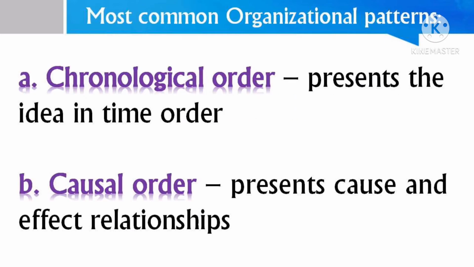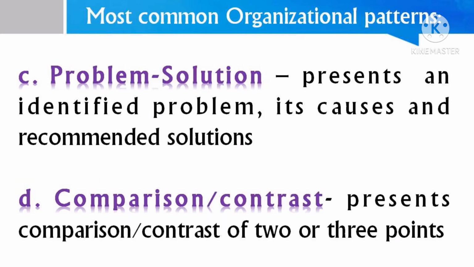A. Chronological order. This presents the idea in time order. B. Causal order. Presents cause and effect relationships. C. Problem solution. It presents an identified problem, its causes, and recommended solutions. D. Comparison contrast.